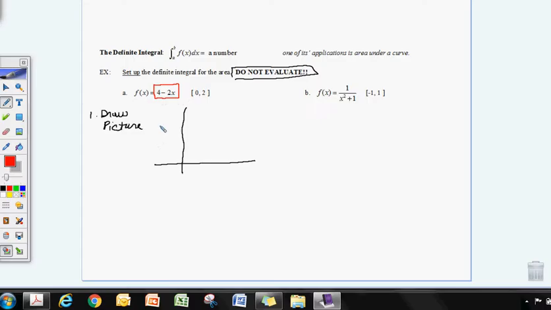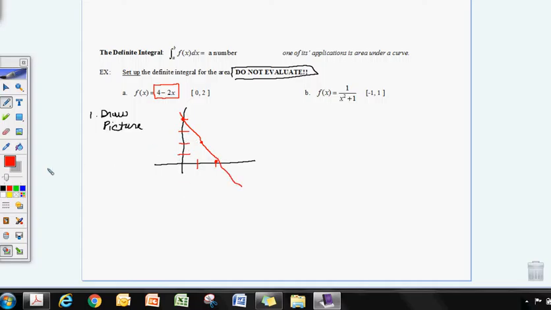Hopefully you can figure out that this is a line, and this line has a y-intercept at 4, and then it comes down over 1 and down over 1, and you could draw a line.